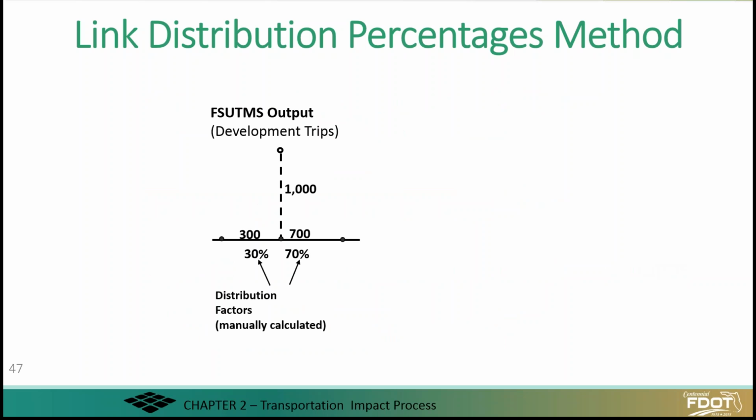We run the model, and we see, for instance, as the trips leave the development, in this case 1,000 trips leaving the development, 700 will head east and 300 will head west. From that, we can determine that 70% of the site's trips will head east and 30% will head west at that location where the project meets the roadway network.